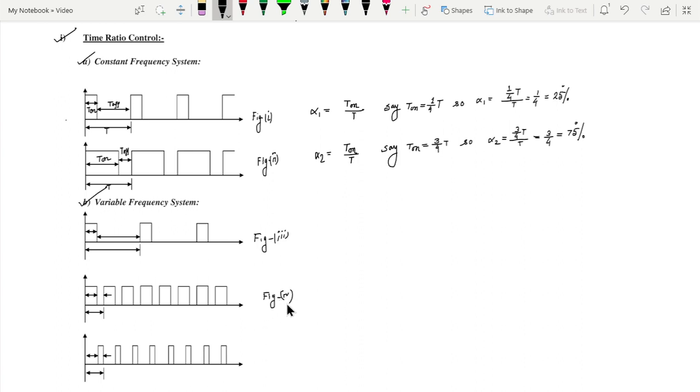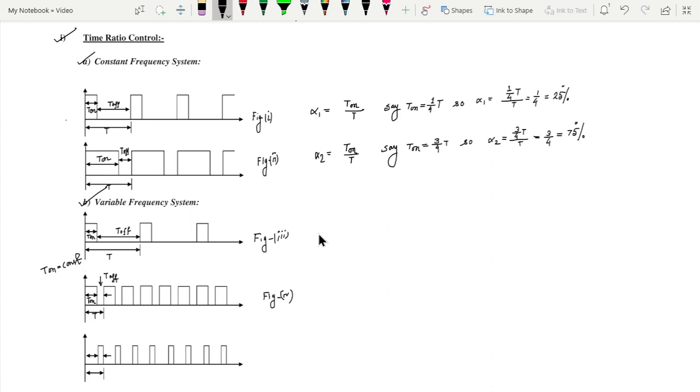In between figure 3 and figure 4, look at here, T on is constant. This is T on, this is T off and this is T. Here it is T on, this is T off and this is T. So here T on is constant. For this picture T on is equal to constant.